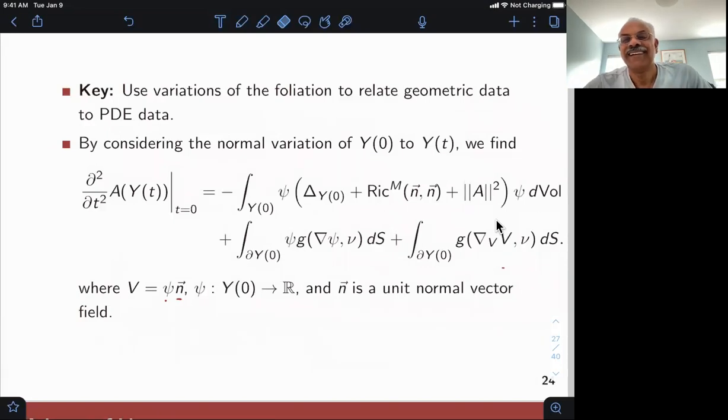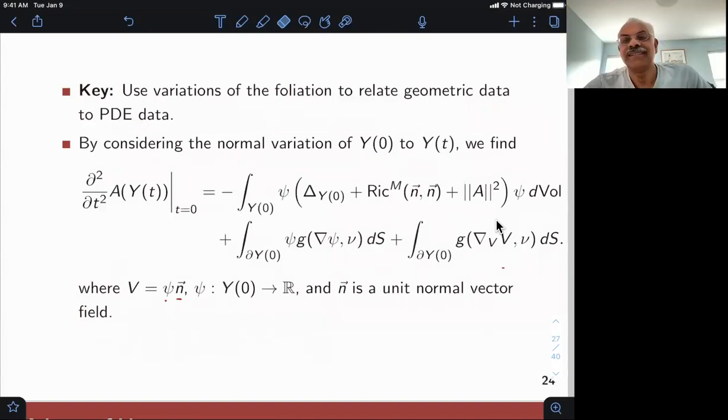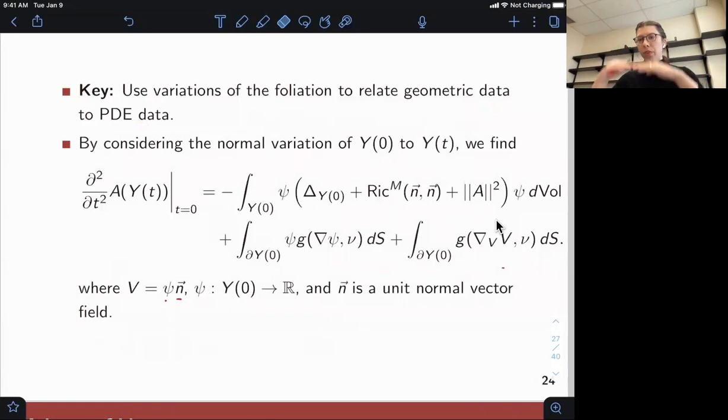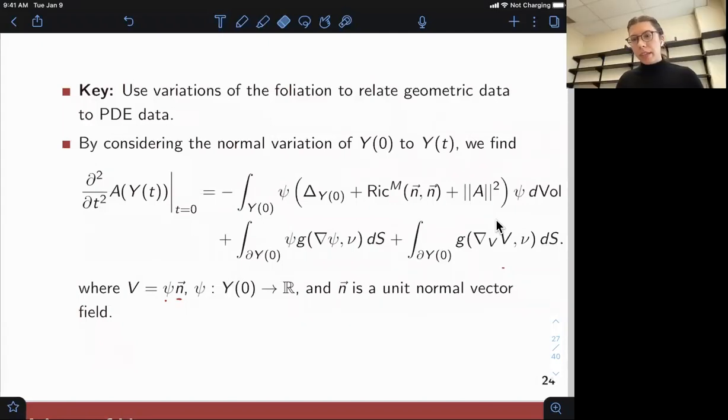So there is one foliation that I'm working with. Okay, so think of just one minimal surface. I'm allowed to perturb it up and down, and in addition to perturbing it up and down, I'm allowed to tilt it as well. I see. So your data is not just from that foliation, but variations of that foliation also. Yes, variations of that foliation also.